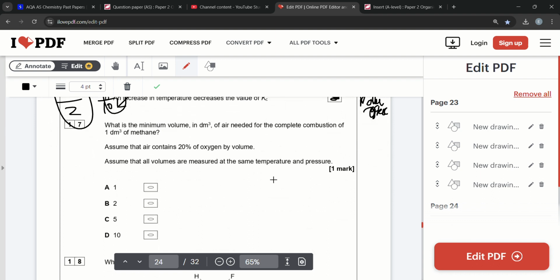What is the minimum volume in dm cubed of air needed for the complete combustion of 1 dm cubed of methane? Assume air contains 20% of oxygen by volume. So we've got complete combustion of methane.